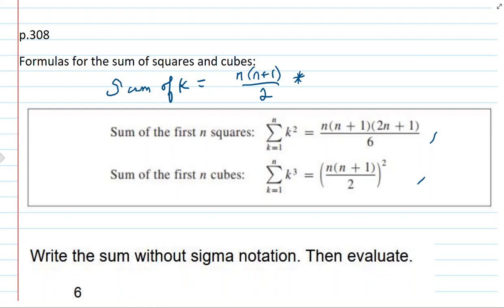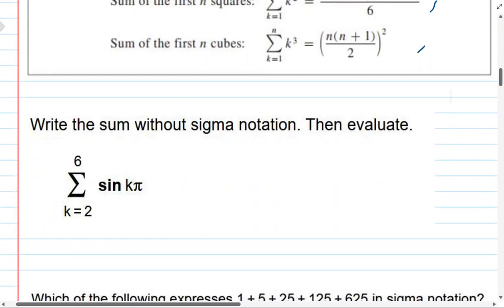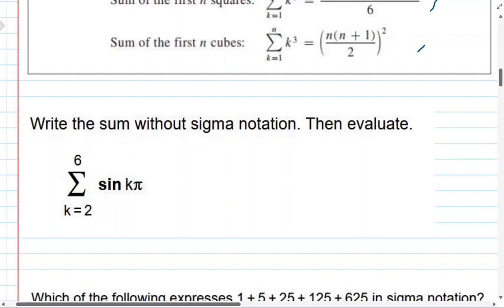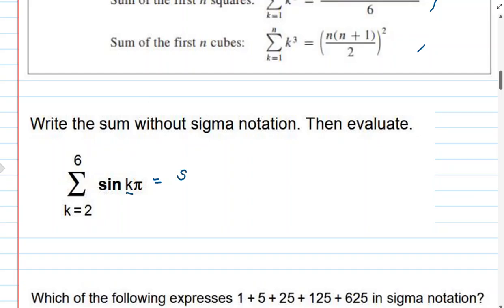So we'll be using the calculator for some of it, but I want you all to definitely understand how it works. So we're going to do an easy one in trig. If we have this, we want to do the sum without the sigma notation, then evaluate. So what they want us to do is insert for k all the numbers between 2 and 6.